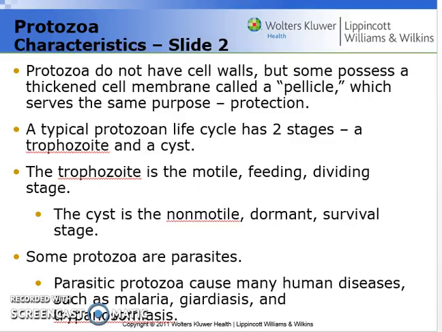There are a lot of organisms that operate in this fashion, that use a carrier or some sort of vector in order for infection to occur. So what that comes down to is that, yes, we have some protozoans that are parasites, and these particular protozoans are the ones that we really want to watch out for.